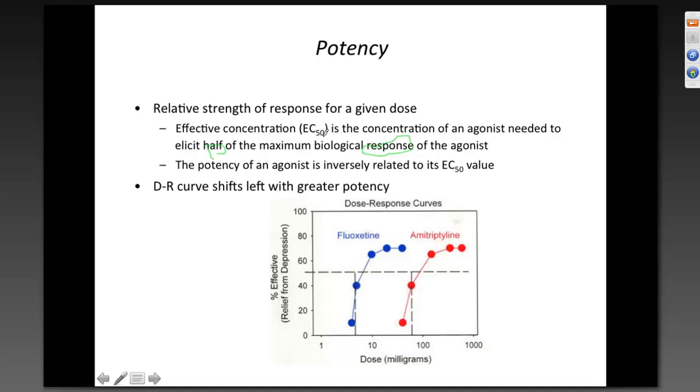Now, given that we know EC50, we go from figuring out our EC50 to potency. The potency of an agonist is inversely related to its EC50. So if you know EC50, potency is just 1 over EC50. Okay?